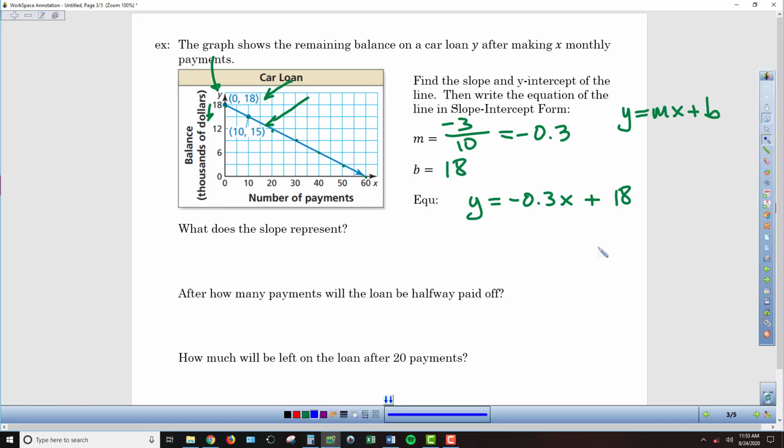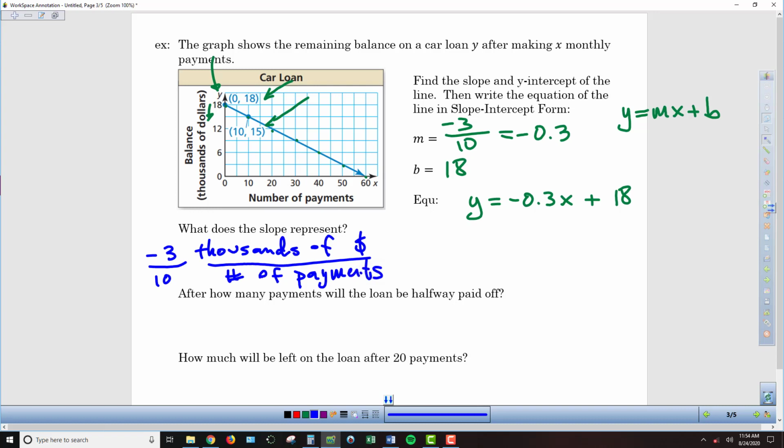So, like on the last one, we want to try to figure out what that slope represents. So if we go back to what originally it looked like, negative 3/10, we want to make sure that we get the units. That will help us with our interpretation of what that negative 0.3 means. And so the numerator was thousands of dollars, while the denominator was keeping track of the number of payments.